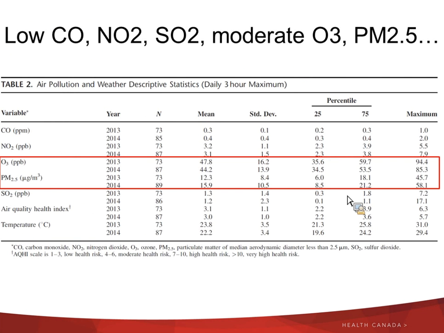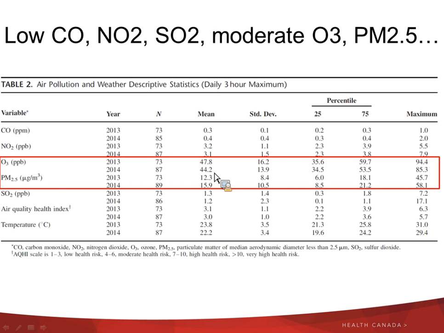So in terms of the exposure conditions during the study, CO, NO2, and SO2 concentrations were low, as would be expected in a rural area. And ozone and PM 2.5 concentrations were moderate.